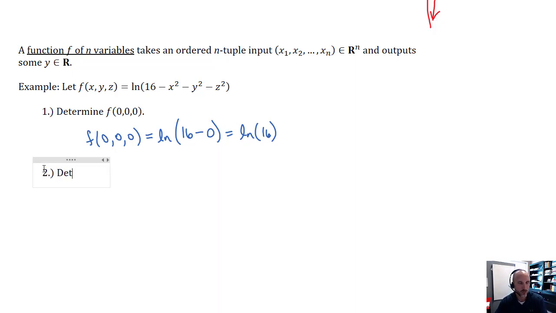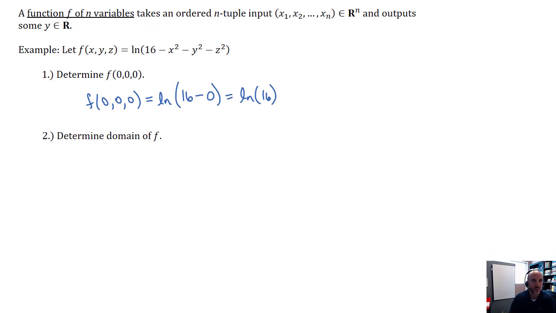Now here's an interesting question. Let's determine the domain of this function f. It's similar to before, except now valid inputs are ordered triples. With the natural log, we have to make sure the argument is positive.